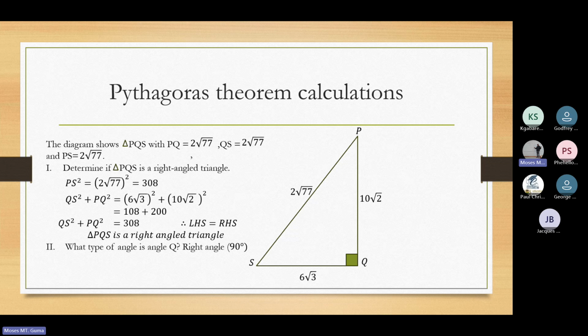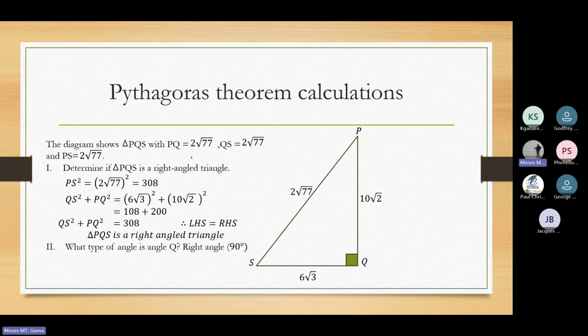Now I'm saying QS squared plus PQ squared is equal to 6 root 3 all squared, and 10 root 2 all squared. Now, let's simplify that. When you simplify 6 root 3 all squared, you get 108. When you simplify 10 root 2 all squared, you get 200. And 108 plus 200 is 308.